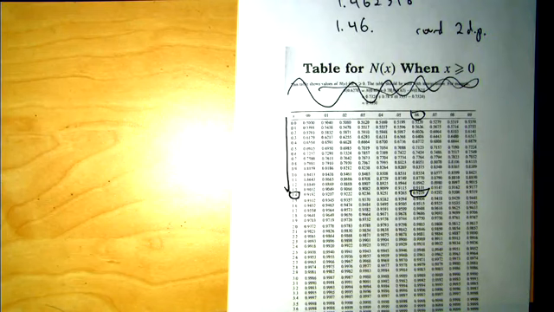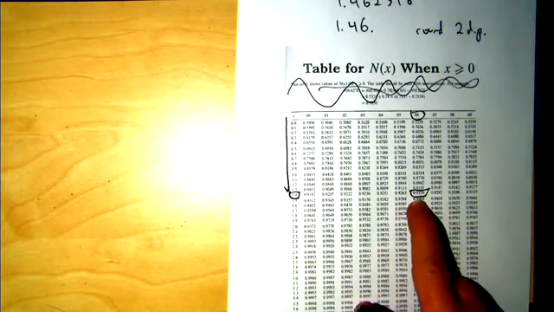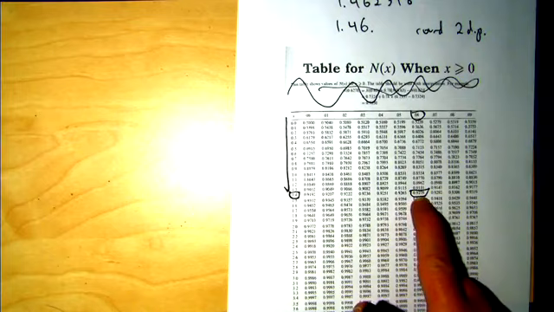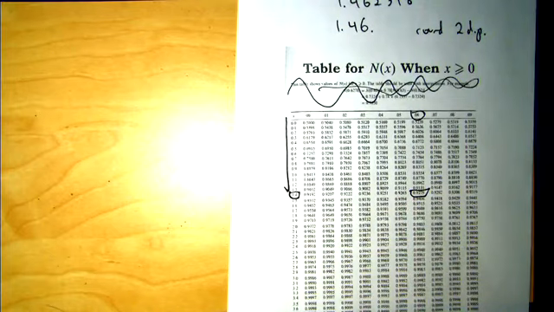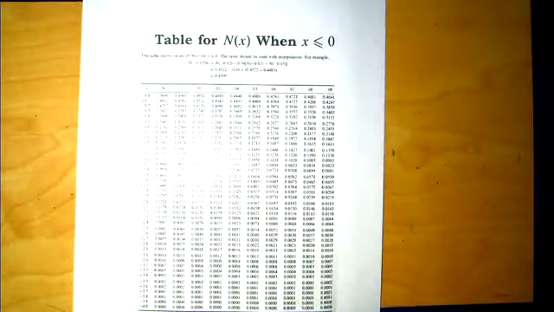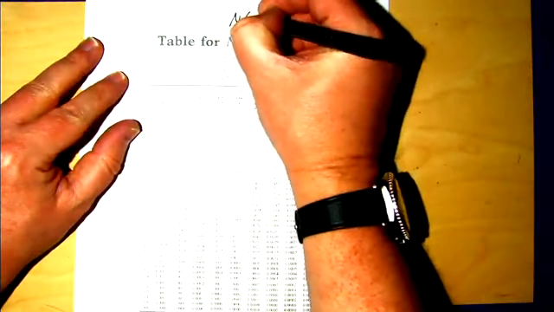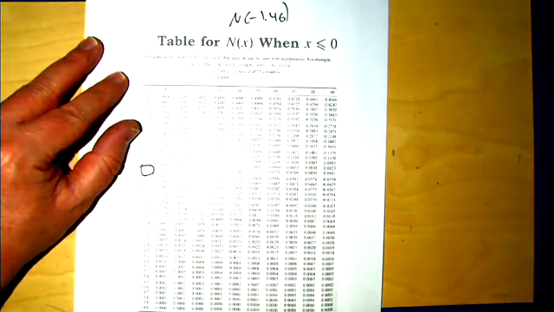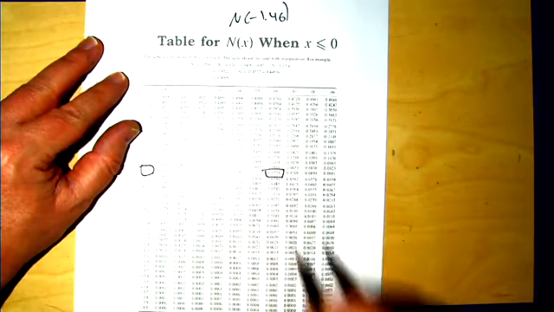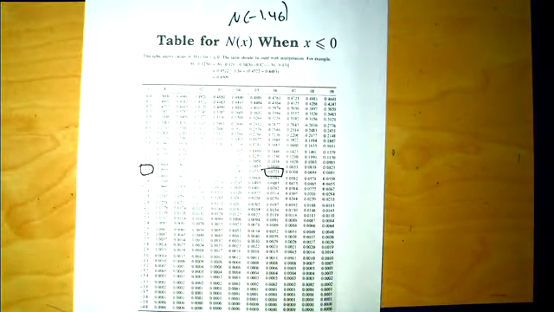So that's what you do. You look them up in the table. Now, if it's a negative value, you could either say 1 minus that, so it's going to be 0.0721. Or I give you another table, which is the negative values. So for N of negative 1.46, I go down to 1.4, I go across to 0.06 to give me 0.0721.